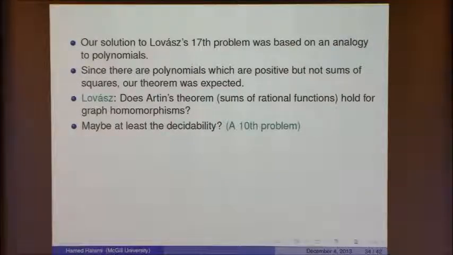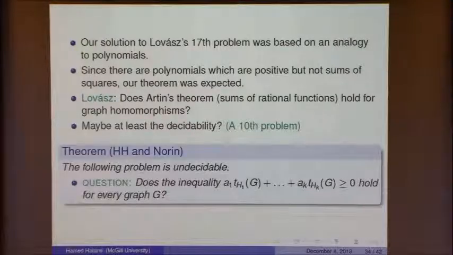Knowing this would imply decidability, and amazingly, no one asked this before, neither Lovász and Szegedy nor Razborov. But this is really the natural question to ask, and it's stronger than all of those previous ones. And what we showed is that this is undecidable. Given these coefficients and graphs, there's no algorithm which will tell you whether this inequality holds.